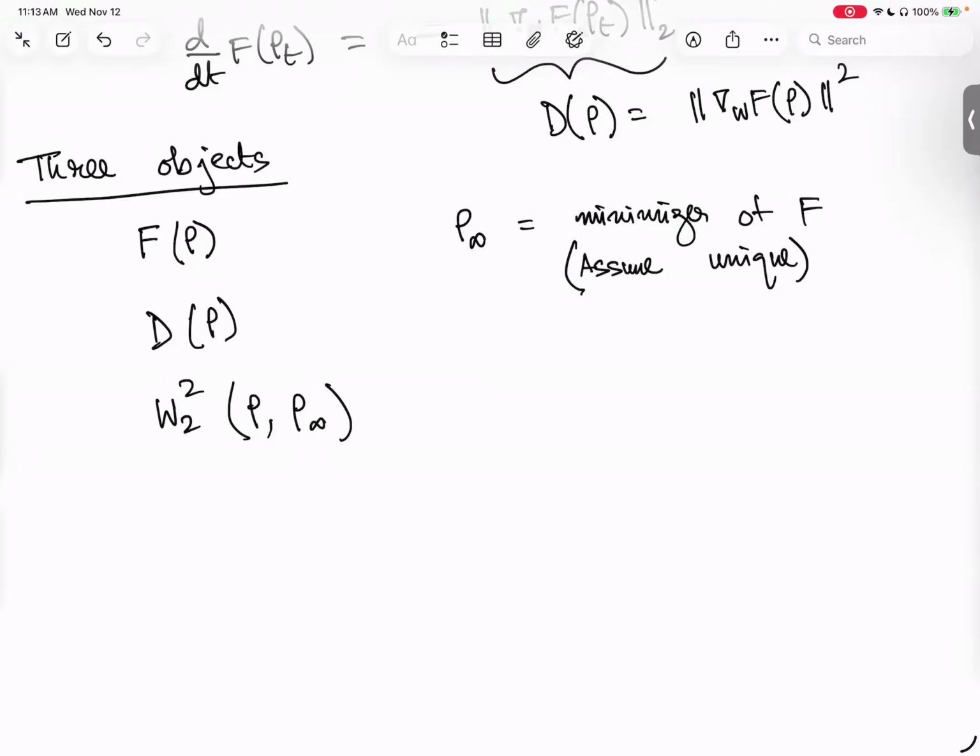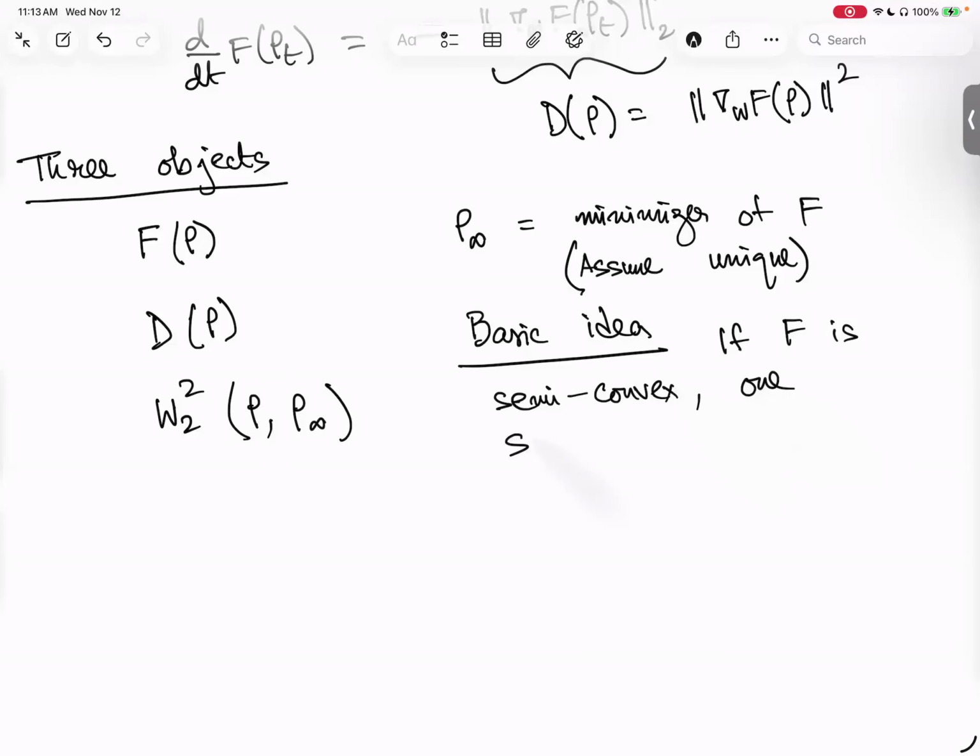So a basic idea is, if F is semi-convex, one should expect three things to hold.